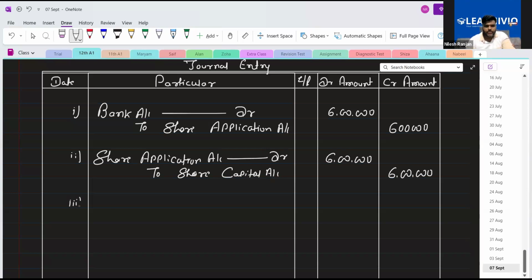The third one is the share allotment entry. So share allotment account debit to share capital account, this 4 lakh.